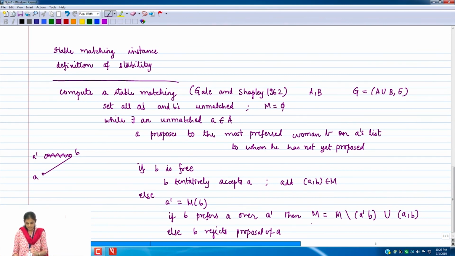We will want to ask certain properties about this algorithm, but as a very first property, is it even an algorithm? That is, does it even terminate always? Because it seems to start with everybody unmatched, then some people get matched, then some people again become unmatched. So maybe it goes on in cycles and never terminates. Can this happen?